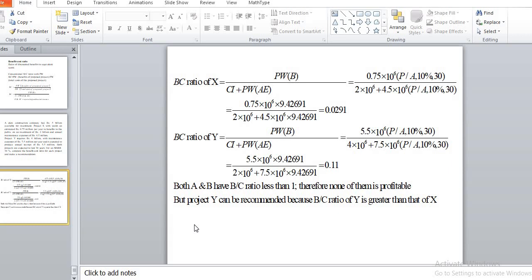And by consideration of this interest rate, by the present worth method, that factor comes as P/A, 10%, for a period of 30 years.